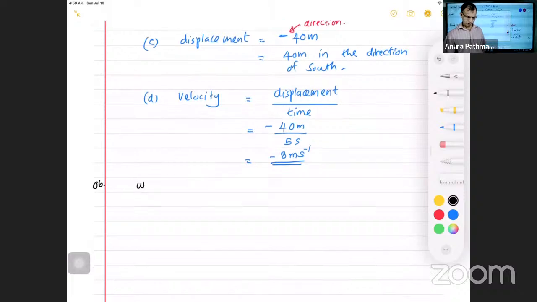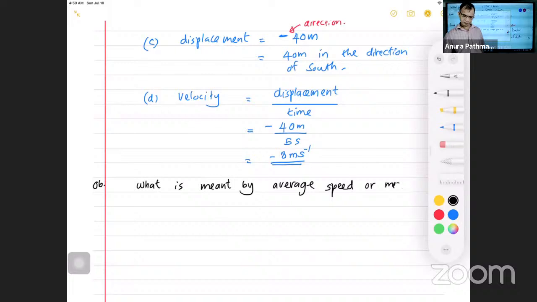What is meant by average speed or mean speed?